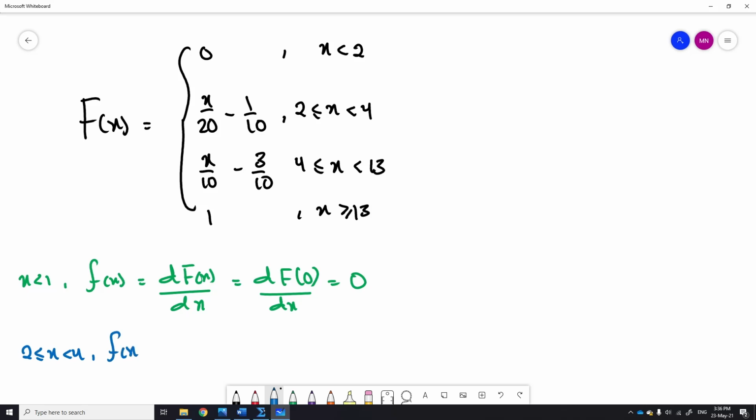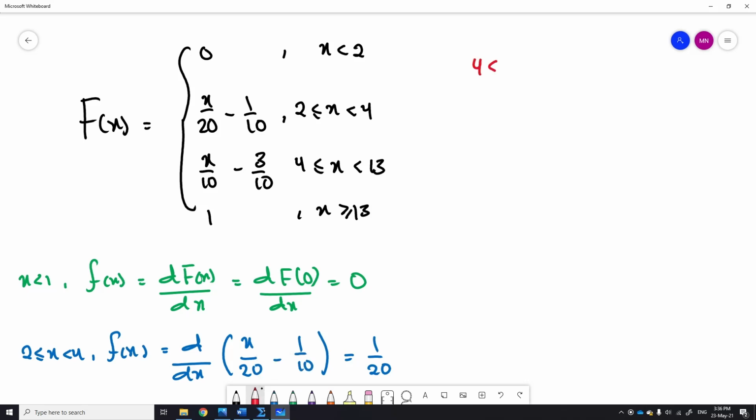The f(x) becomes d/dx of x over 20 minus 1 over 10, so that is equal to 1 over 20.